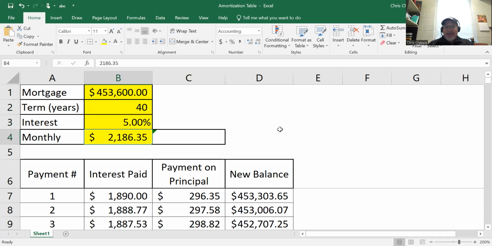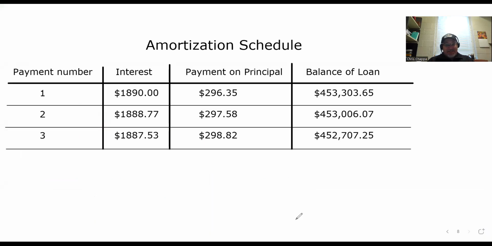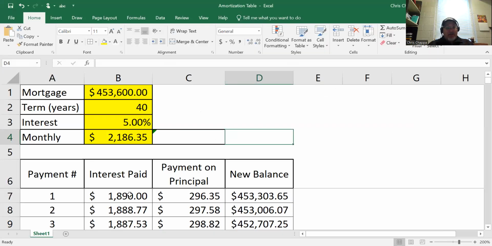And if you put all that in, I've already got it set up to do the exact things that we just did. And if you compare, you'll see that the first three rows of the amortization schedule in the spreadsheet exactly match the first three rows of the amortization schedule that we did by hand. The difference is the spreadsheet is automatically doing the calculations.